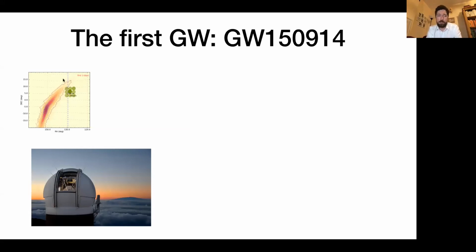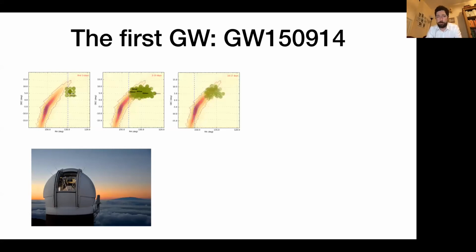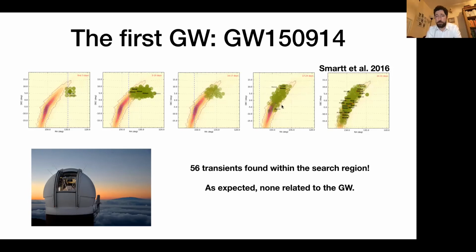You see the contours where it probably came from, and each one of these little dots shows a pointing of the telescope. Pan-STARRS is a very wide field of view telescope, with a few square degrees field of view. But even so, it took many, many pointings over a couple of weeks before the whole northern bit of the gravitational wave footprint was covered.